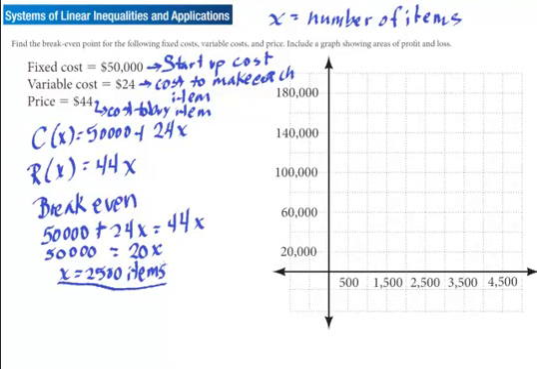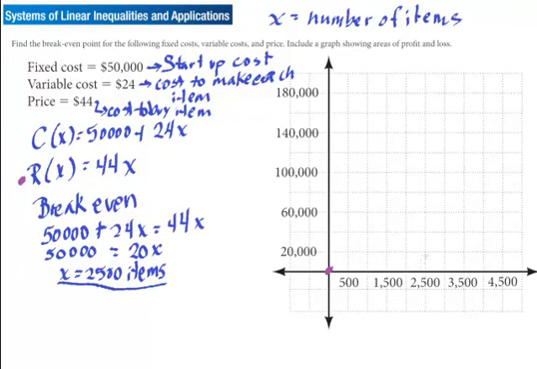So let's see what this looks like on a graph. We'll plot cost in blue, and then we'll plot revenue in pink. Revenue is, well, you make nothing if you don't sell anything. But let's make a dot over here on 2,500.